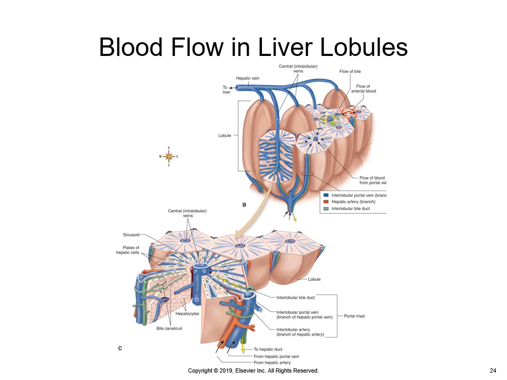So with this first image right here, we're looking at how the blood flows, and in this bottom image down here, we're not only looking at how blood flows, but also how the bile flows.